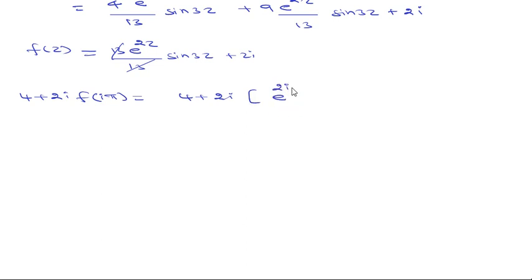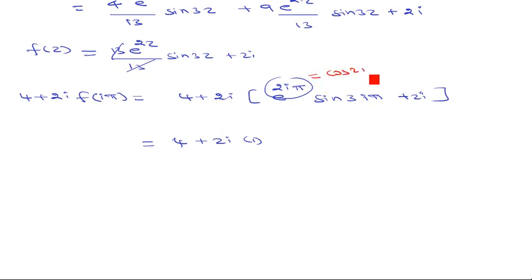So e power 2 I pi sin 3 I pi plus 2y. So this is equal to 4 plus 2y. So e power 2 pi I will be 1. So this is equal to cos 2 pi plus I sin 2 pi. So cos 2 pi will be 1 plus 0, so therefore its value is 1.